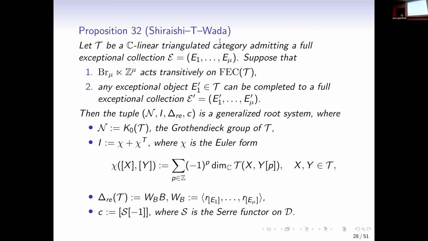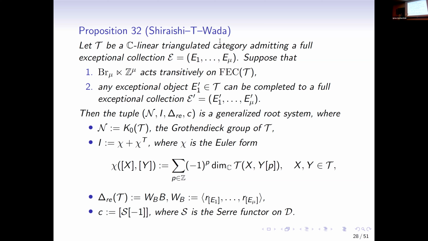Here, it's not difficult, but to connect the categorical language and the root system language, I make some assumptions. First I assume these two conditions: the transitivity of this group action on the set of exceptional collections, and also that any exceptional object can be completed to a full exceptional collection.